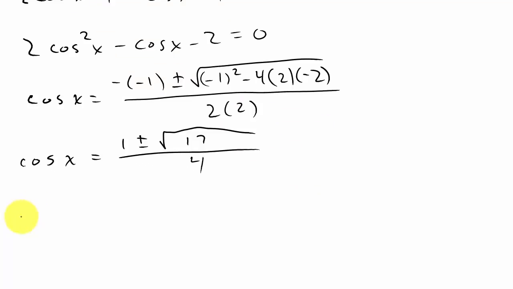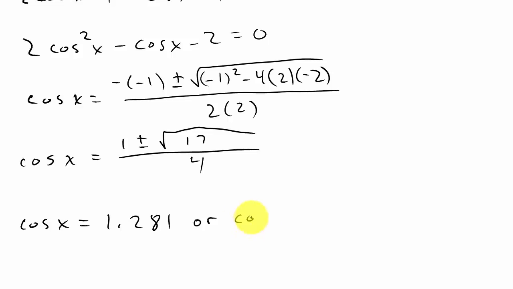Alright, so I'll have to punch each of these into my calculator. We'll do 1 plus the square root of 17 divided by 4, and that's going to be 1 point, and I'll round to 3 decimals, 1.281.